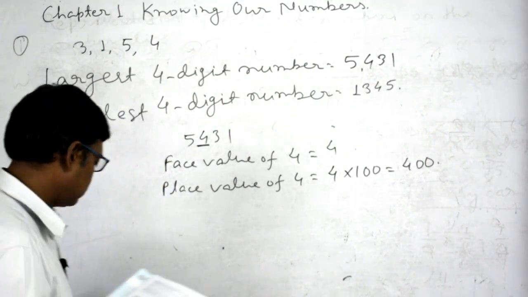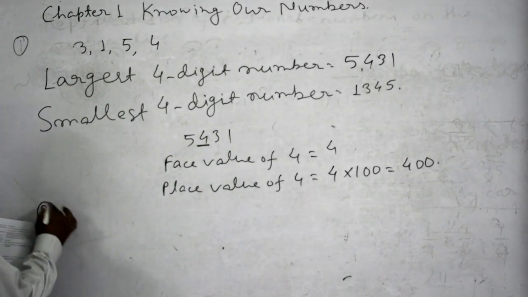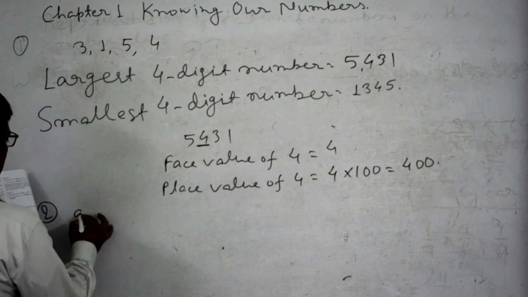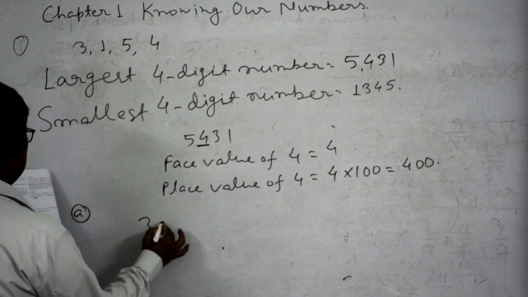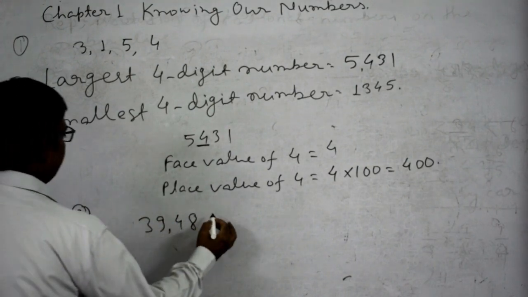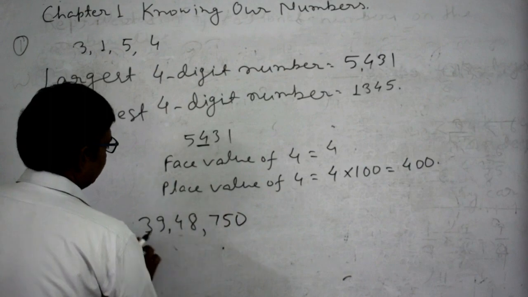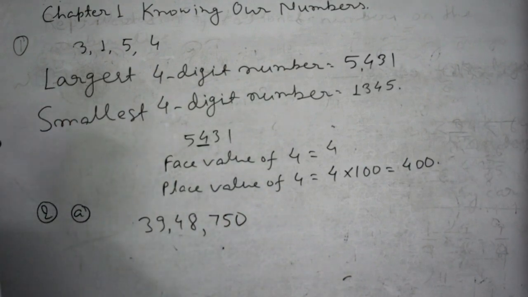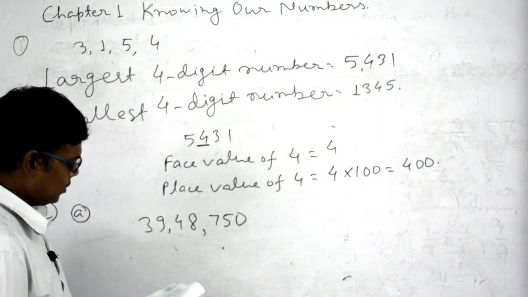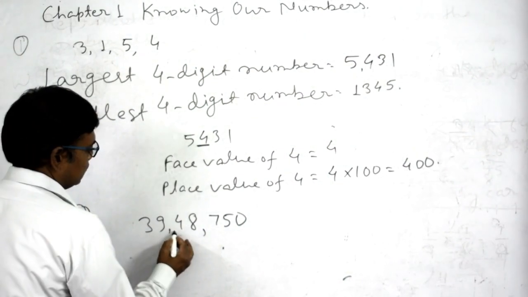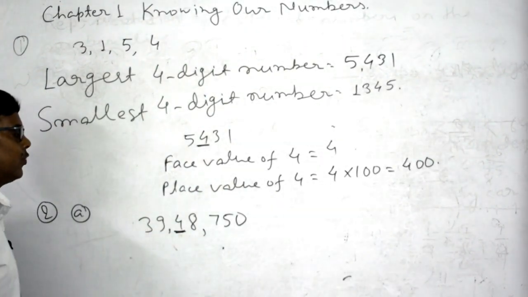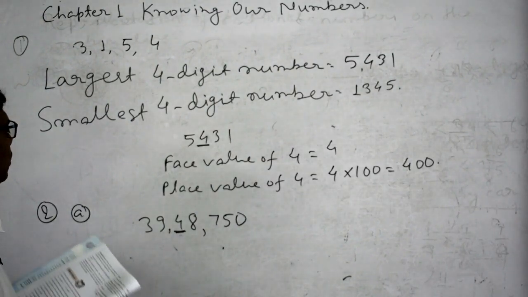In question number 2, the first question has the number 39,48,750. Here 4 is colored in your book, and you have to find the face value and the place value of it.